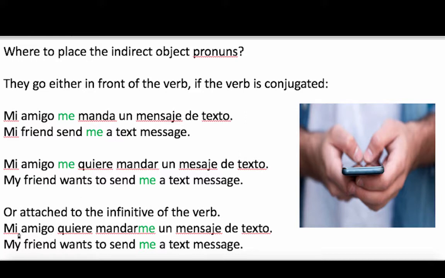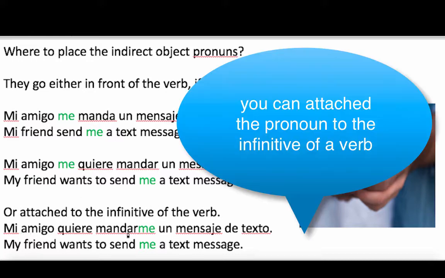I'm going to place it in front of to want, which is querer, quiere, because it is the conjugated verb. In this example, mi amigo quiere mandarme un mensaje de texto. We have again two verbs, quiere and mandar. In this example, I attach the me to the infinitive of mandar. Mandarme, and now it's one word. So here is the rule.